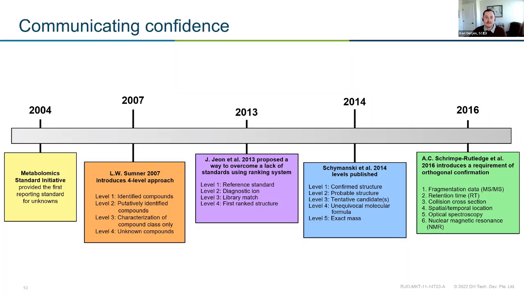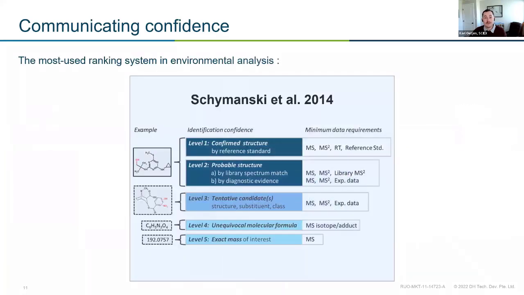And this is something that the metabolomics world really took the initiative on back in 2004, where they started trying to come up with a scale of how to communicate confidence to others, to our researchers, to our peers. And in the environmental world, we really rely on the Schymanski index, or the Schymanski confidence levels.